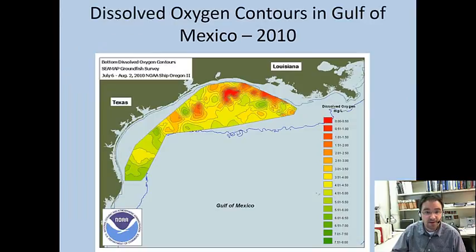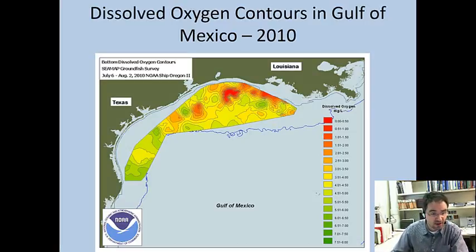As we look at dissolved oxygen contours, I just have 4 slides here looking at the dissolved oxygen contours in the Gulf in 2010, 2011, 2012, and 2013. You can see where we see the area with low dissolved oxygen, and also the size of the hypoxic zone. When we talk about hypoxia, we're talking about areas that have a dissolved oxygen concentration of less than 2 milligrams per liter.